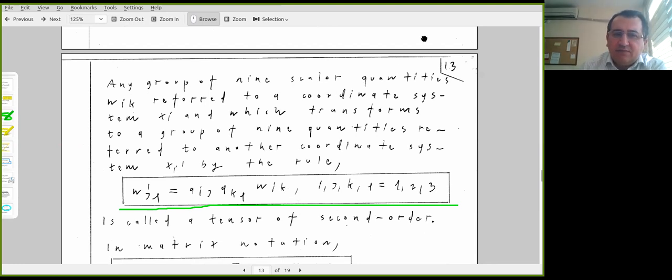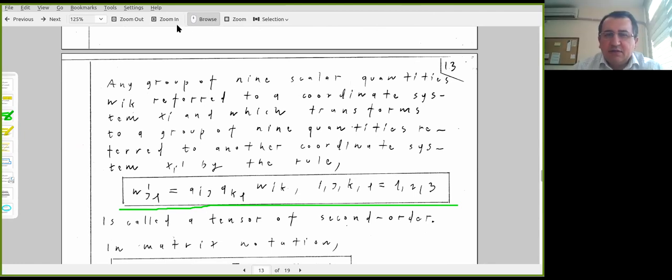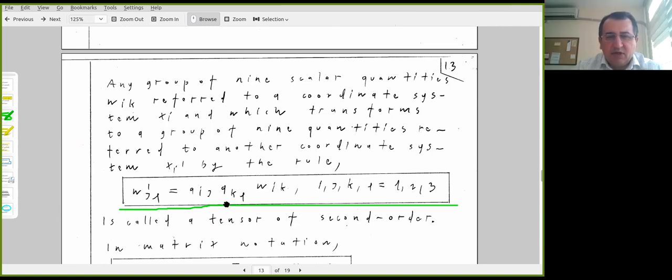Now, how many elements does this quantity possess? W ik, for example, how many elements does it have? W ik. 9. 9 elements, that's right. There are 9 elements, and Onat also gave the correct answer. So there are 9 elements, but for each element we have a summation over i and k.